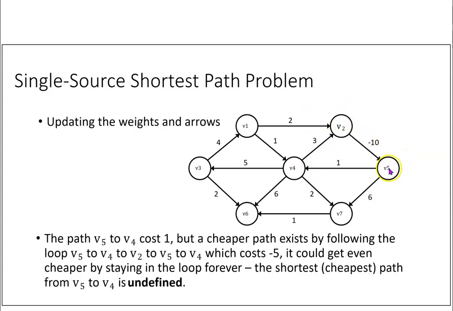V2 to V5 is -5. And back to V4 will be 4, or -5. It could get even cheaper by staying in the loop forever. So therefore, the shortest path is undefined.